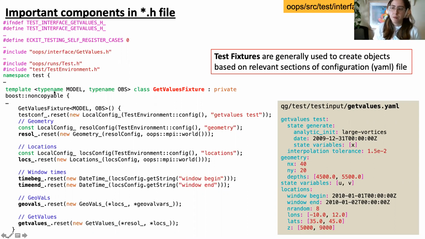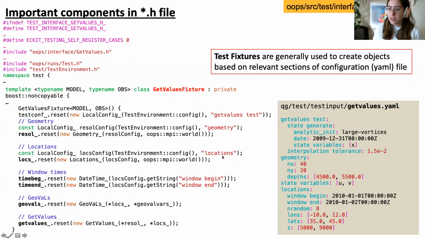One of the classes that is very common in most of the header files is the test fixture, which is usually used to create objects based on the configure file, or the YAML file. For example, here we are looking at the getValueFixture class, and we can see how we read the YAML file using this class. I also put a copy of the getValue YAML that is used to define the test and put details of how you want to run your test.